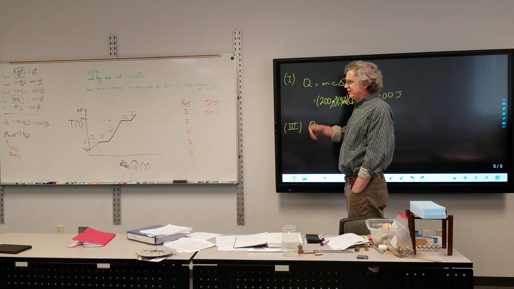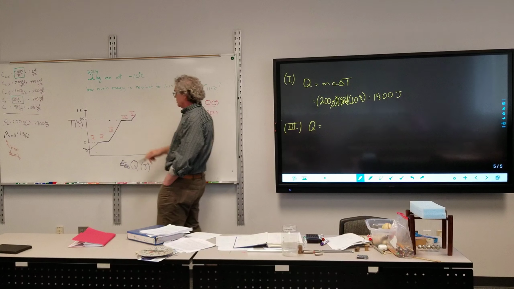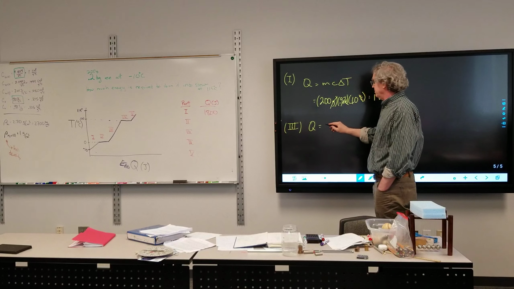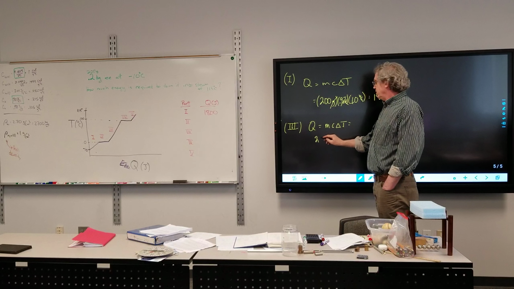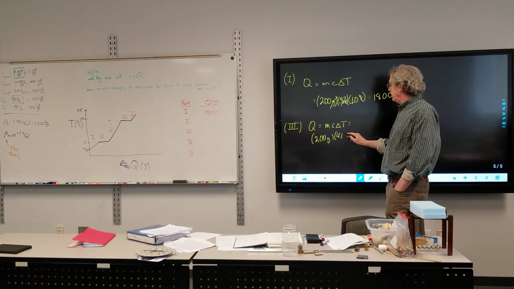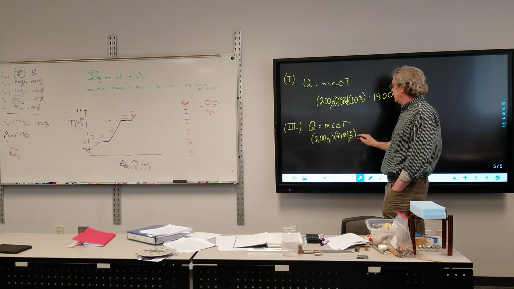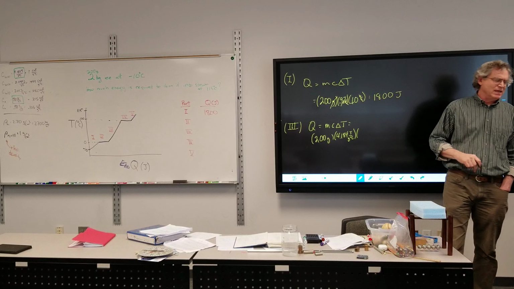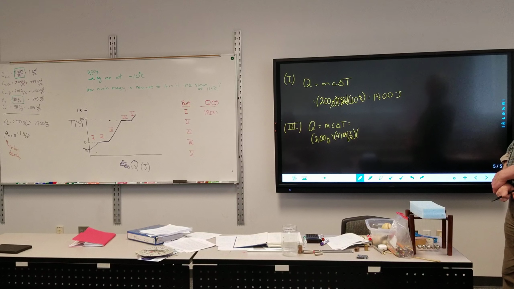Again, it's staying liquid water during this entire slope here. So I have MC delta T. So it's 200 grams times specific heat of water, liquid, 4.184 joules per gram degrees Celsius, times, what is the change in temperature in the third section? 100.